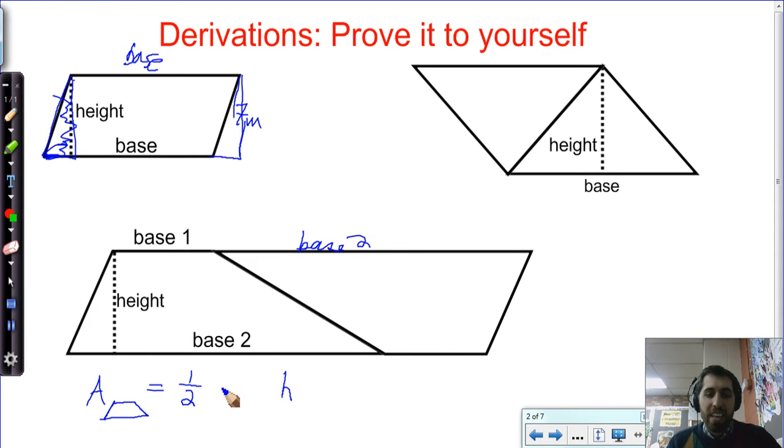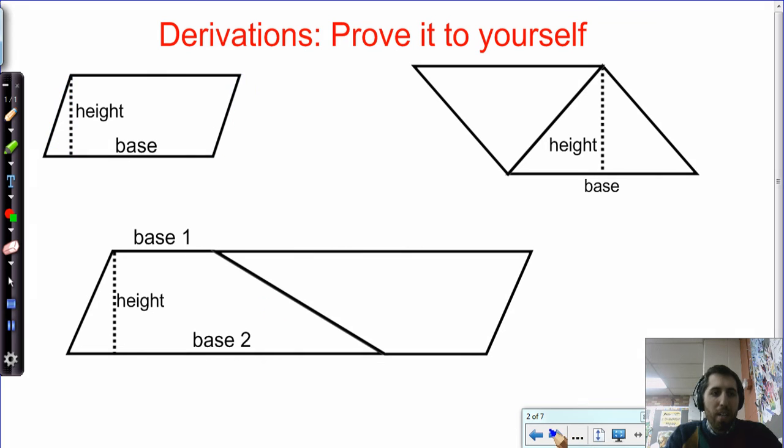So to find the area of this parallelogram, we have to add base 1 plus base 2, the top and bottom bases, the two parallel sides of the trapezoid. We have to add those before we multiply times the height. And then again, we're multiplying by 1/2 because the trapezoid just makes up half of this monstrous figure. So those are some derivations. Hopefully those made a little bit of sense.